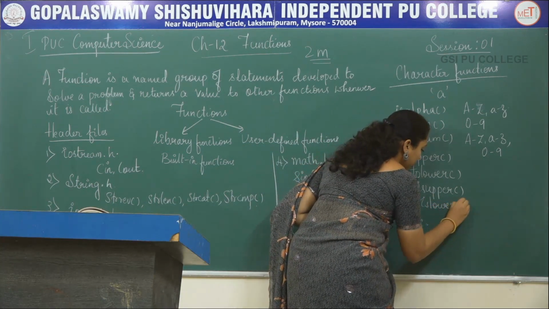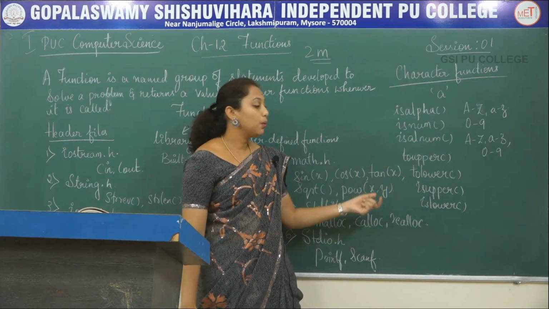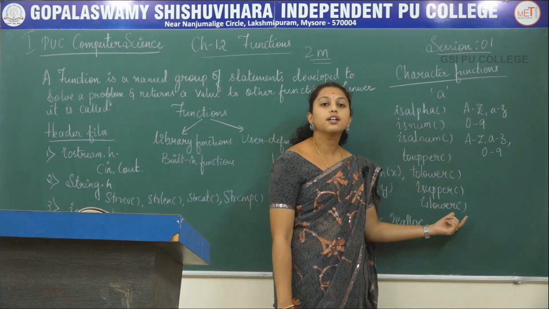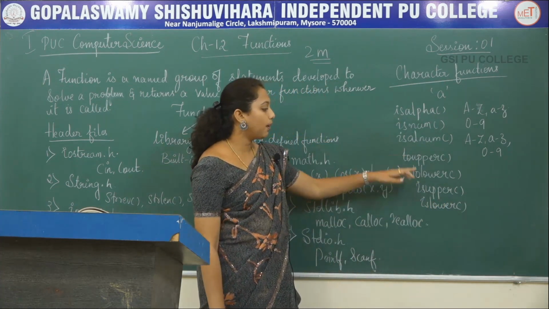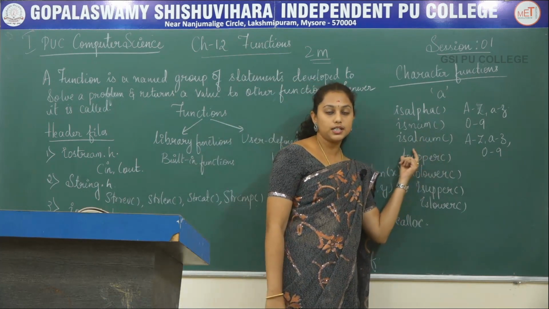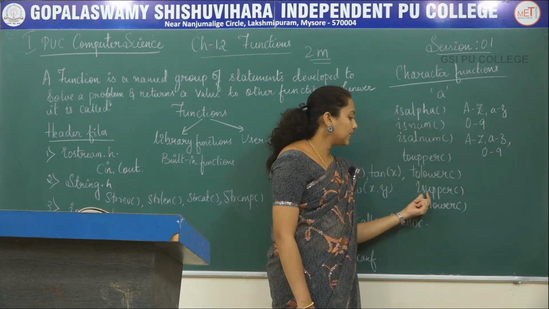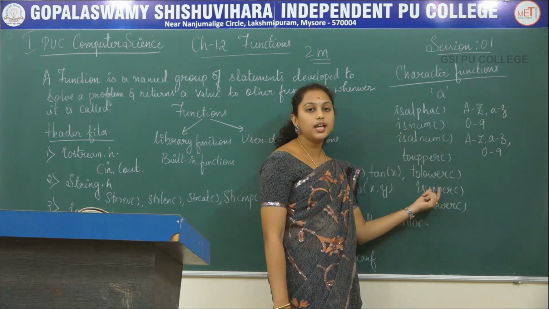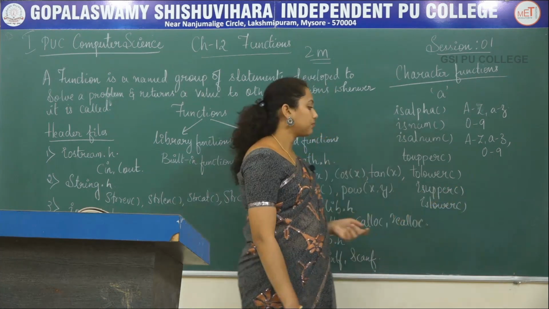And the islower function is used to check whether the entered character is in lowercase or not. So there is a difference between toupper and isupper. toupper is going to convert the entered character from lowercase to uppercase, but isupper is going to check whether the entered character is in uppercase or not.